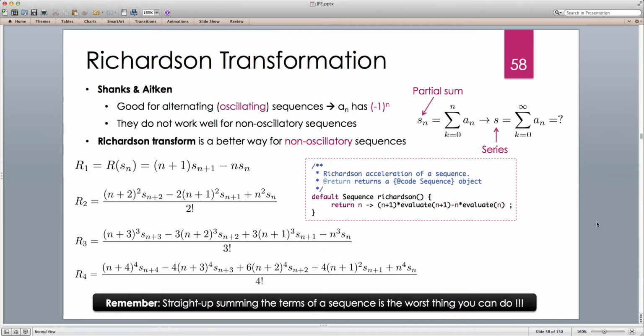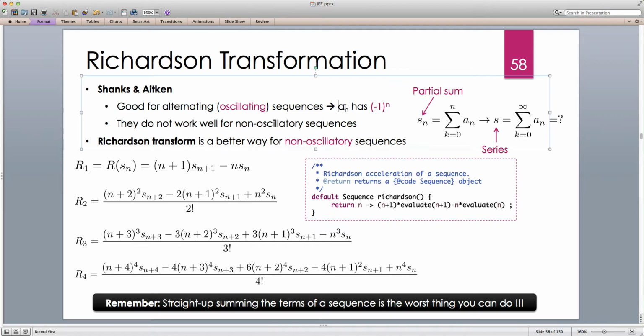But another thing is that sometimes when we're trying to apply Shanks or Aitken, they are not effective. And the general idea is that Shanks and Aitken are good when the sequence is oscillating. Basically, it has a -1 to the n term.